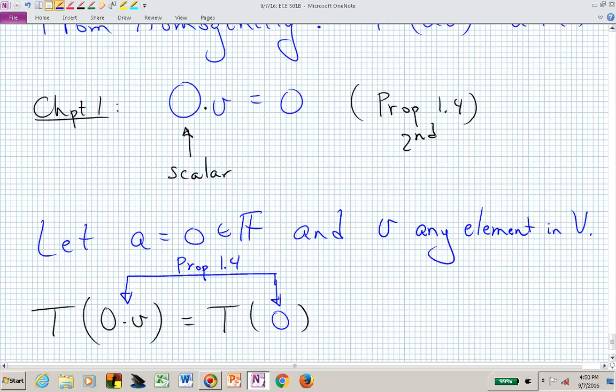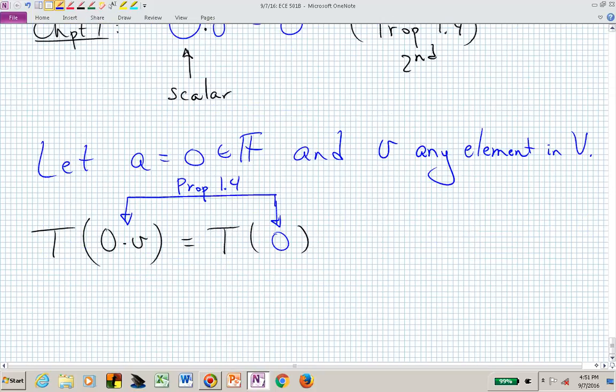Now, what do we know about T of 0? Or, how do I want to say this? What if I now said T is a linear map and it satisfies homogeneity, now I virtually erase the right side, and I want T of 0 times v.